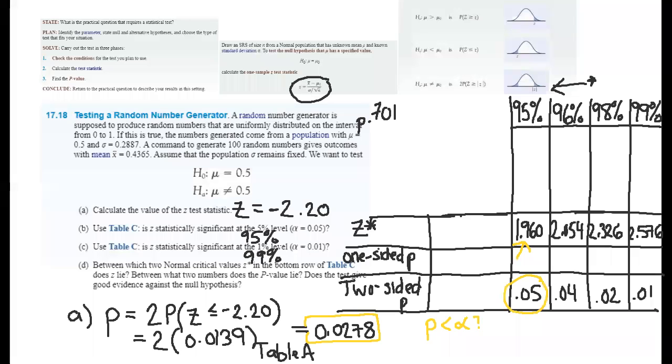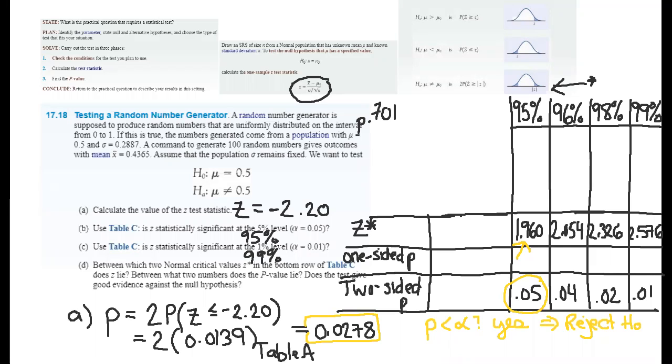And our answer is yes. So we reject the null hypothesis. But you can also look at the z-scores themselves and ask yourself, is our z-score more extreme than the z-score on the chart, right?